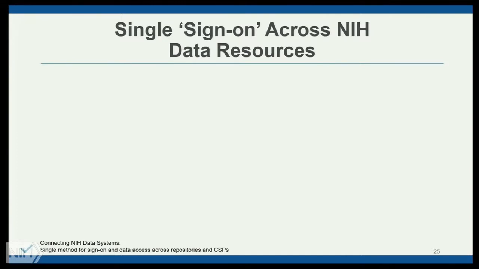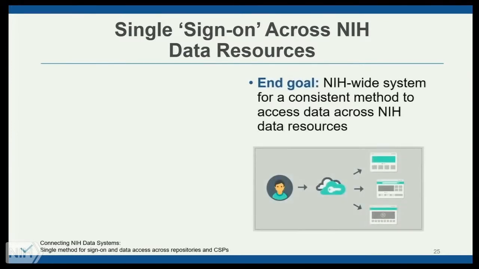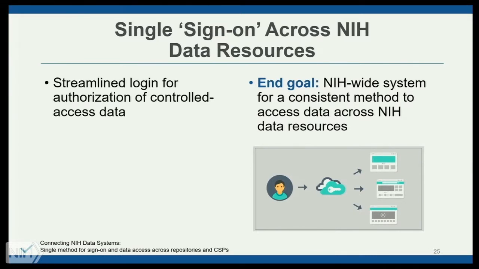Just the first thing. So the end goal, again, is to provide a consistent way for you, the researcher, to log on and have access to all those different resources. What would it take? We have to have a streamlined logon for authorization control for controlled access data.